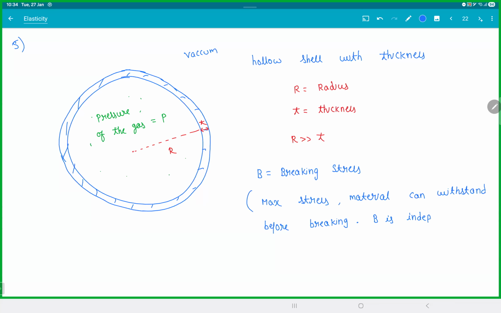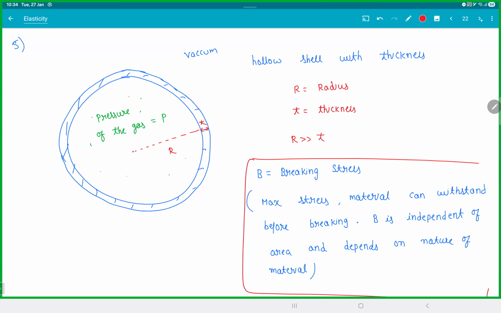So B is, again, stress means force per unit area. B is independent of area and depends on nature of material. Find the maximum pressure of the gas so that the shell does not crack. So if you keep on pumping the gas inside, at some point the whole thing will crack. What is the maximum pressure of the gas so that the shell does not crack?